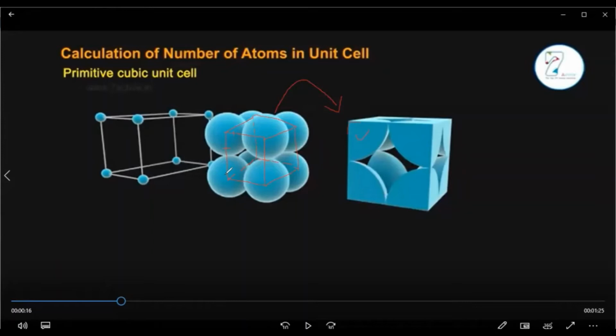Similarly here, from this line and this line, this part is removed. From this line and this line, you now see this part is removed. Similarly here, 1, 2, 3 these lines, this part is removed, right? So a similar case will be applied for these 4 atoms also, right?